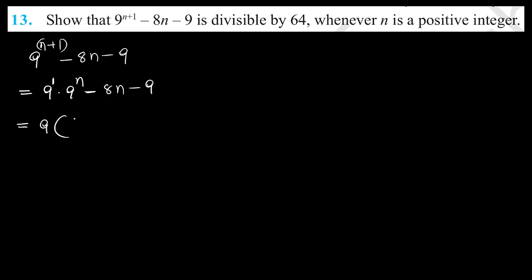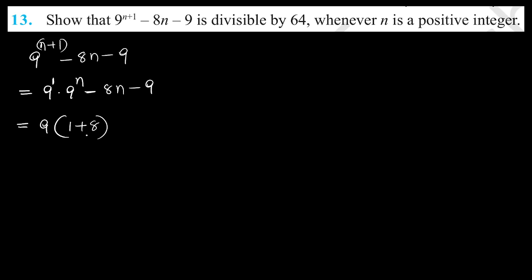So 9 raised to 1 is 9. Okay. Can I use the binomial theorem? Currently no. For the binomial theorem I want (a plus b) raised to n. But I can do one thing. Can I write 9 as 1 plus 8 or 8 plus 1?